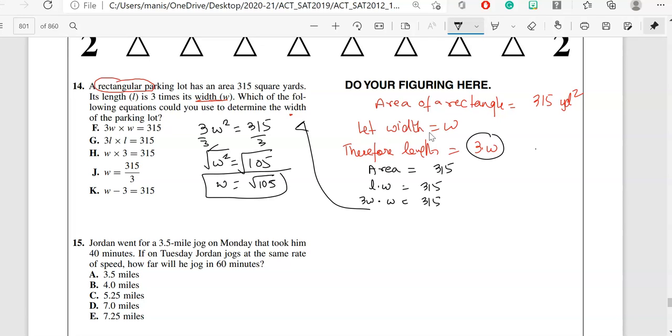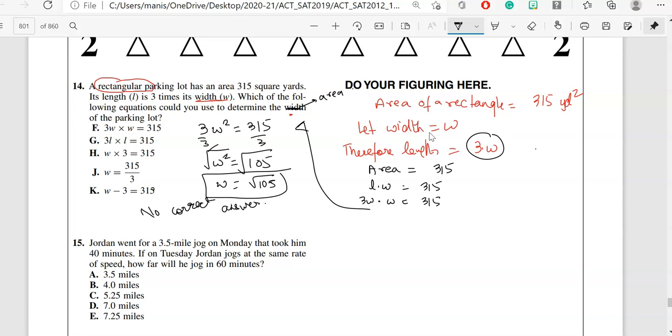Now the question says which of the following equations could you use to determine the width of a parking lot? I do not see any of these correct choices over here, so in this situation I'll write no correct answer. Either the answer is not correct or the question should be find the area of the parking lot.